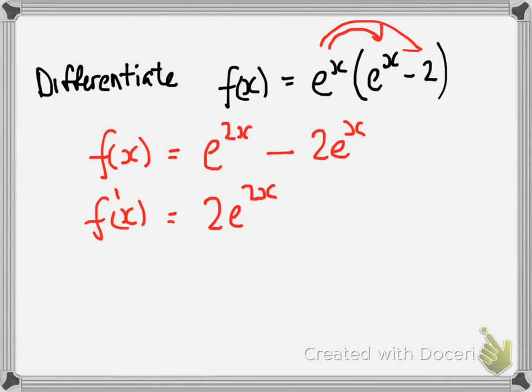Okay, and the second bit, what's the derivative of x? 1 gets multiplied by the negative 2 out the front, so it stays at negative 2. E to the power of x stays the same. So there's our answer. Now, what we could do there, if we wished, is to factorise that, because 2 is a common factor of both expressions.